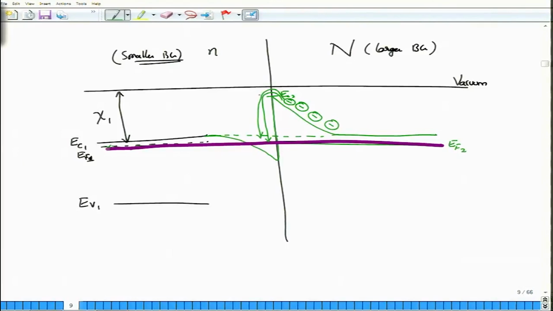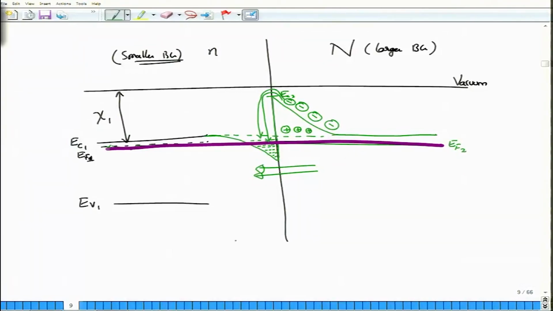So, when they move and fall, this would be the depletion region, and these would be the immobile ions, and an electric field will be set up along this direction, which eventually forces everything into the equilibrium situation. But it is important to note that many electrons have now accumulated, and they are in the well itself.